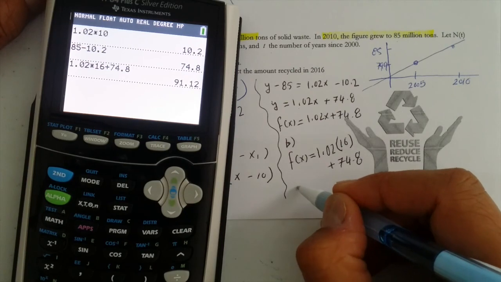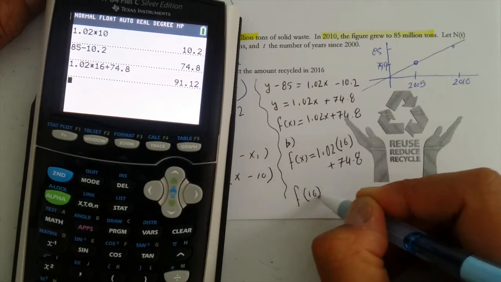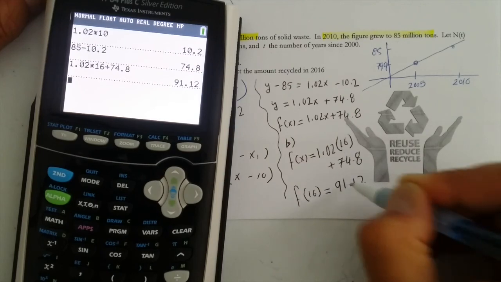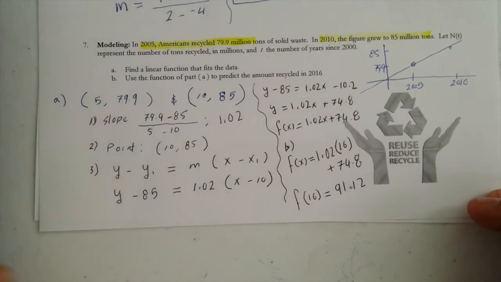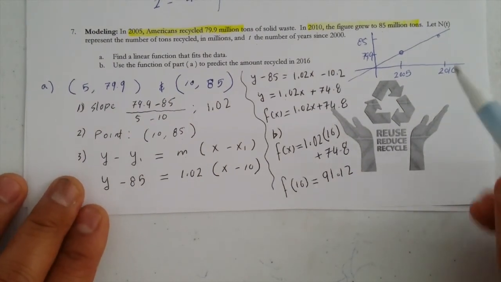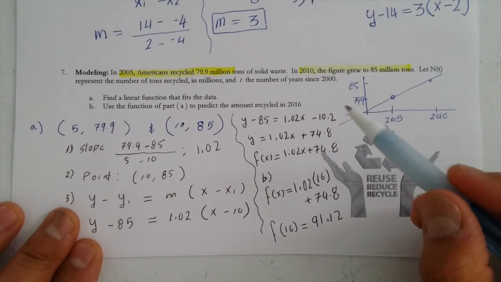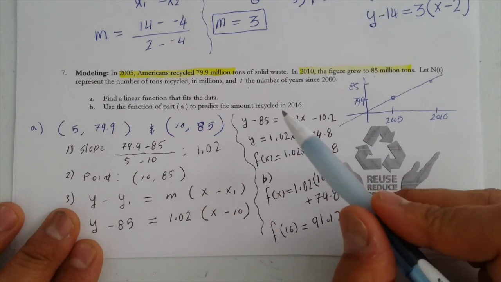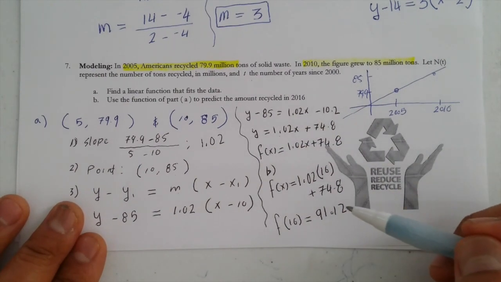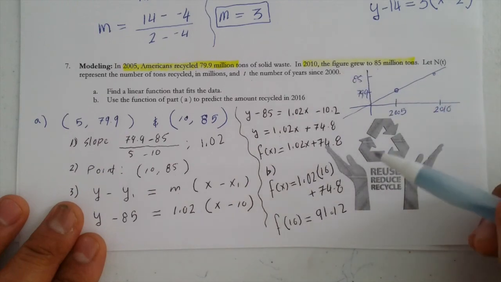So f of 16 equals 91.12. To answer part B, the predicted amount that will be recycled in 2016 would be 91.12 million tons of solid waste.